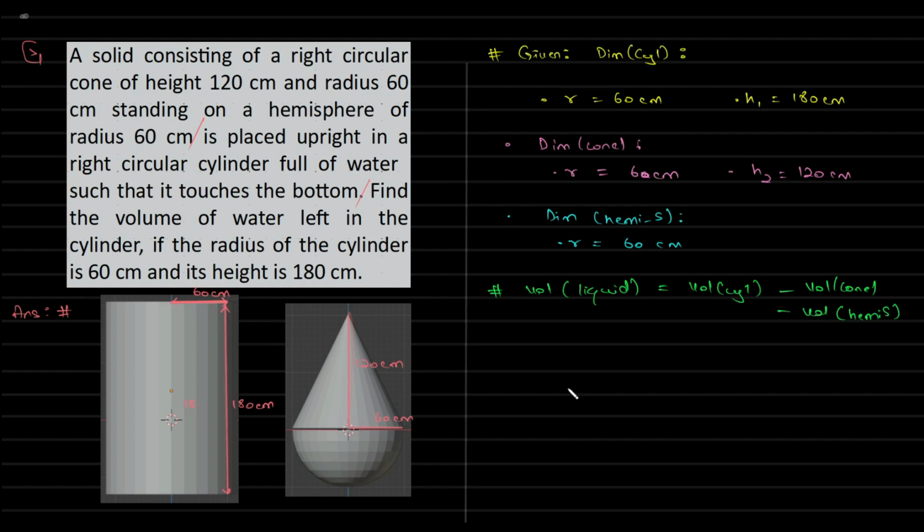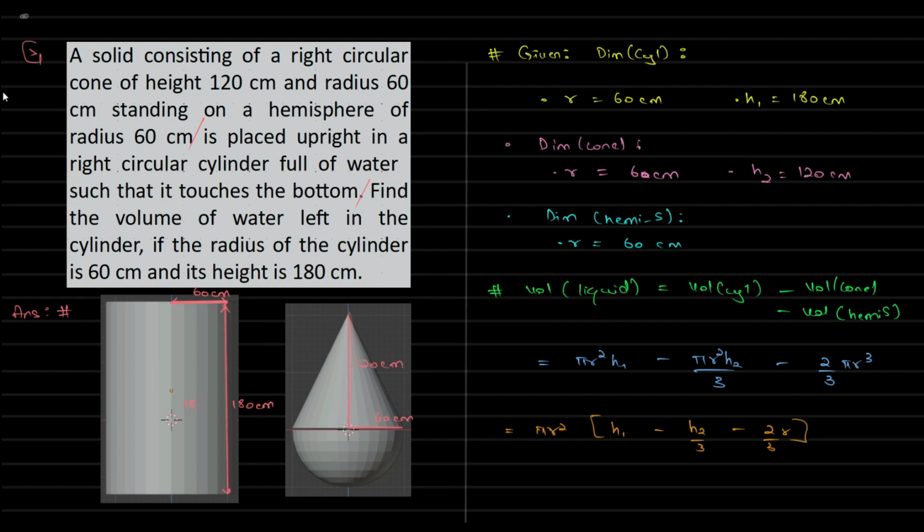So we have pi r square h1 minus pi r square h2 by 3 minus the hemisphere, 2 by 3 pi r cube. What is common in all of this? Pi r square. So what is left out? h1 minus h2 by 3 minus 2 by 3 r, right?